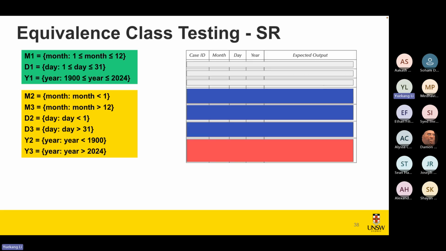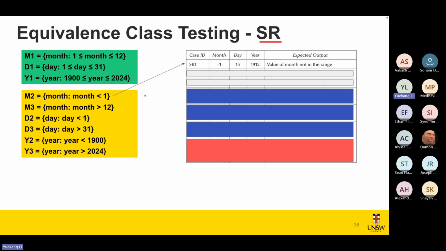First, what we need to do is reclaim the test cases, right? Because this time it is strong robust, which means that we allow values to be invalid, and we allow more than one variable to be invalid. So let's flip the validity of the parameters one at a time.